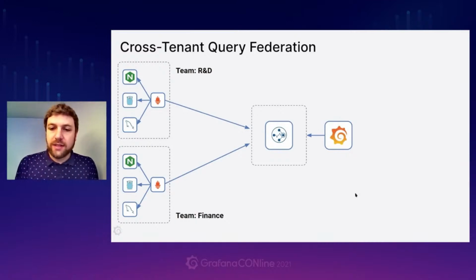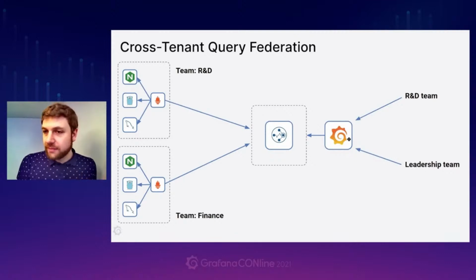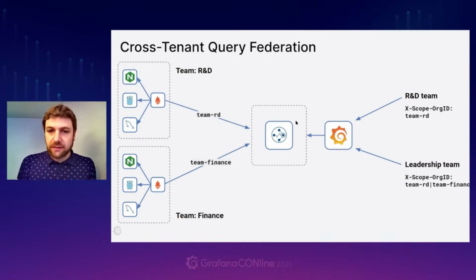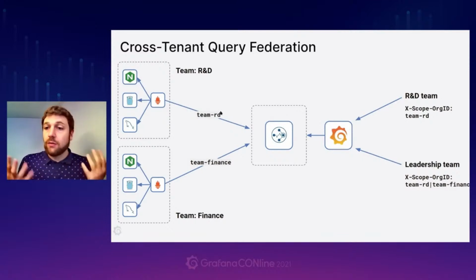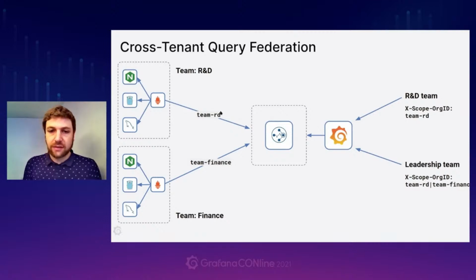In this setup, there's the requirement that the R&D team can only see their metrics when querying back, but the leadership team should be able to see both the R&D and the finance team's metrics when they query. To solve that use case, we make sure that every team uses their own tenant to write the metrics into Cortex.